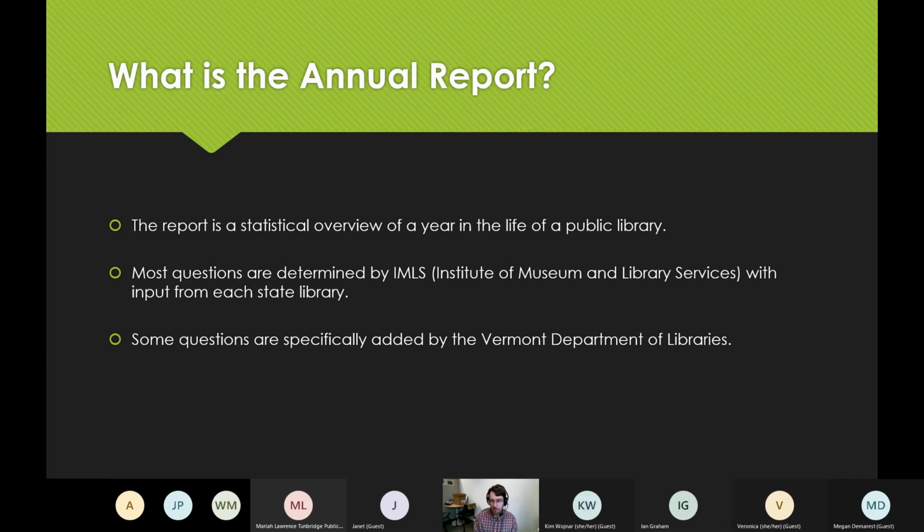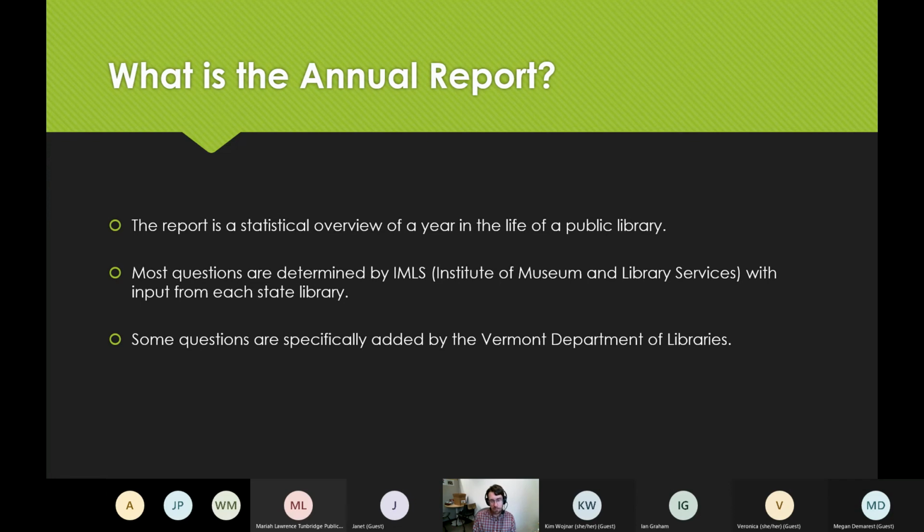So what is the annual report? The report is a statistical overview of everything that people think is interesting, or at least that we can capture statistically, of a public library. Every public library in the country participates in the program. Each state has a person who is in charge of collating the information for all of their individual libraries.